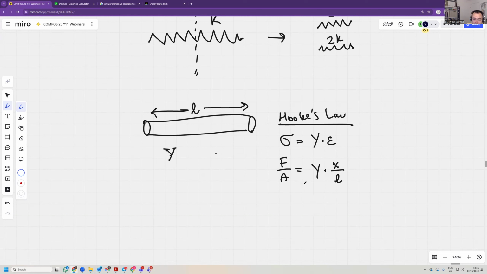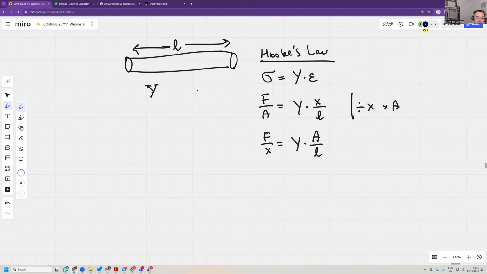Now divide both sides by x and multiply both sides by A. So we get F over x is equal to Y multiplied by A divided by L. But F over x is the spring constant, because k is F over x.